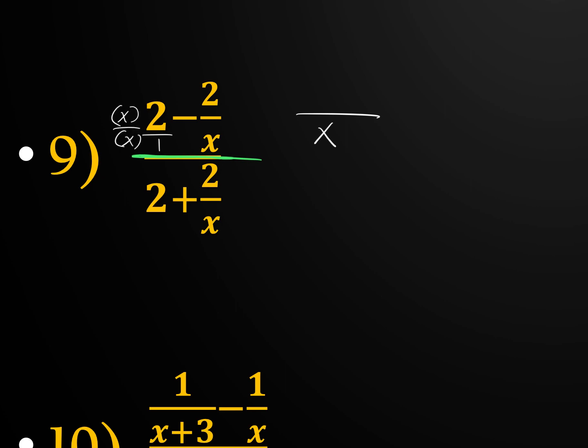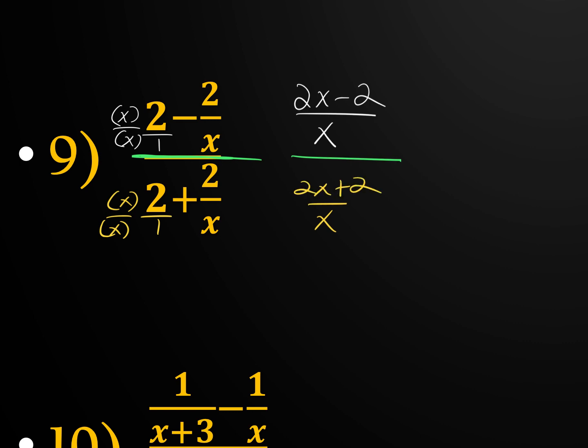Whatever you multiply the bottom, multiply the top. So this becomes 2x minus 2. I'm going to do the same thing to the denominator. I could put a 1 here. And this one's also missing an x to get the LCD. So 2x plus 2 now.